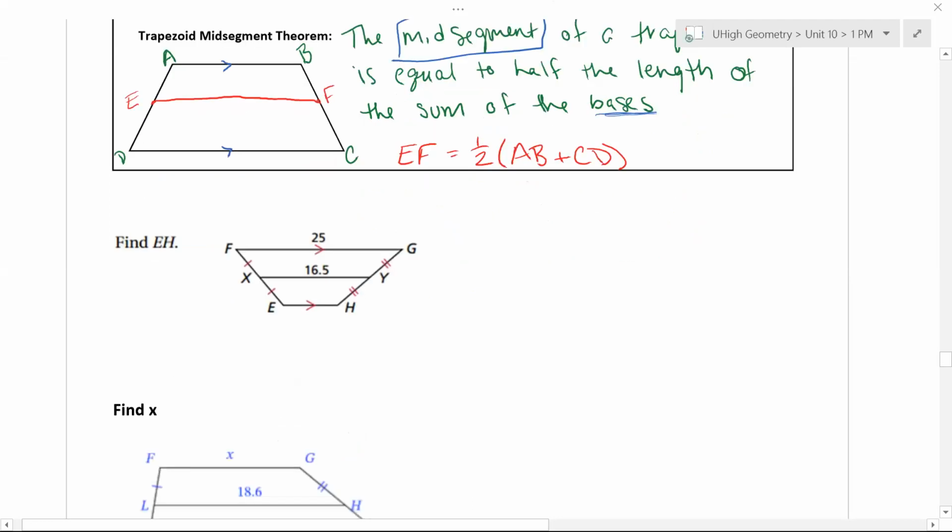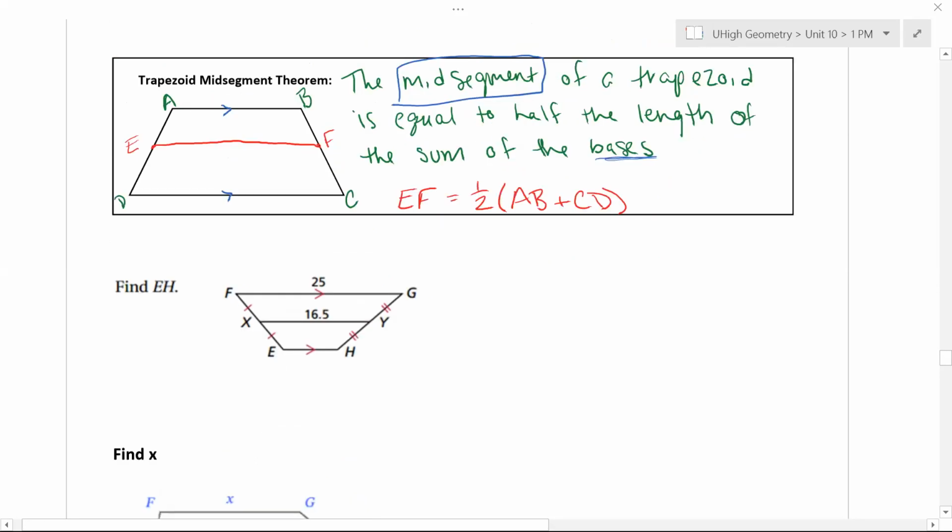Find EH. So if I'm looking at this trapezoid that's EFGH with a mid-segment of XY, and I know it's a mid-segment because each side has two congruent parts, I'm going to know that my mid-segment, XY, is equal to 1/2 the length of my two bases added together.